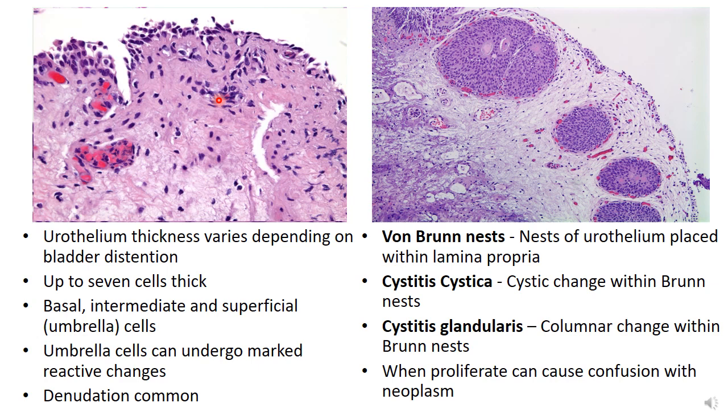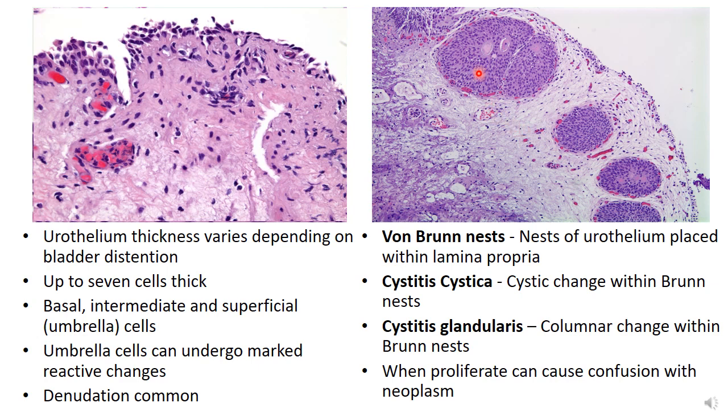Now, what are some of the common variations or nuances that I think you need to be aware about? One of the very important ones is called von Brunn nests. These are rounded nests of urothelium which are placed typically within the lamina propria.